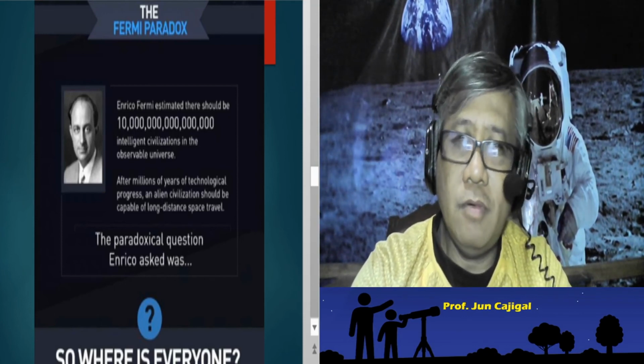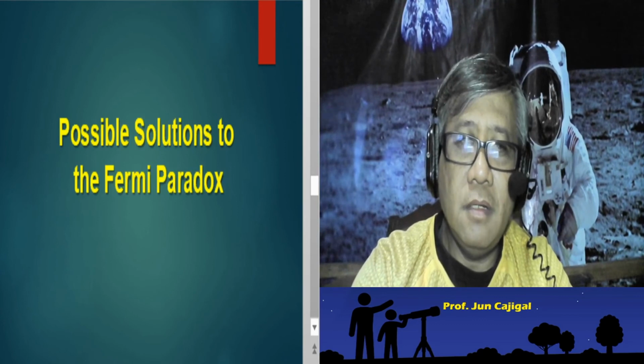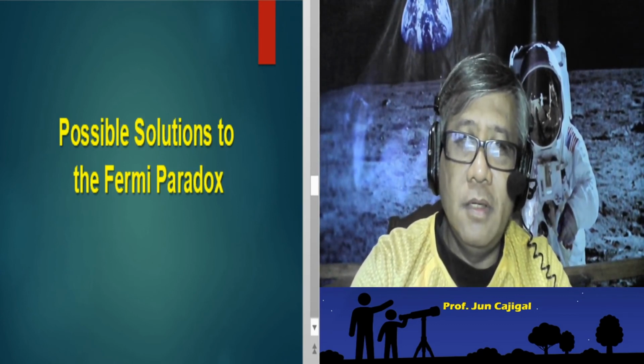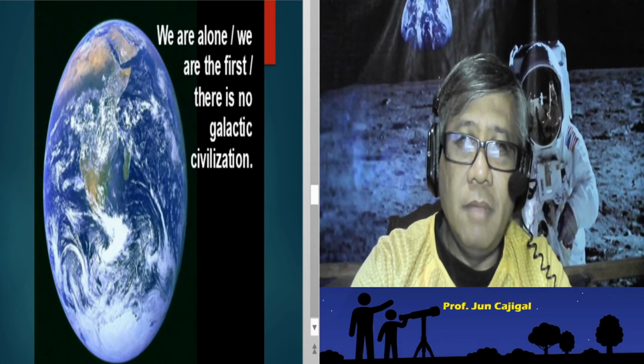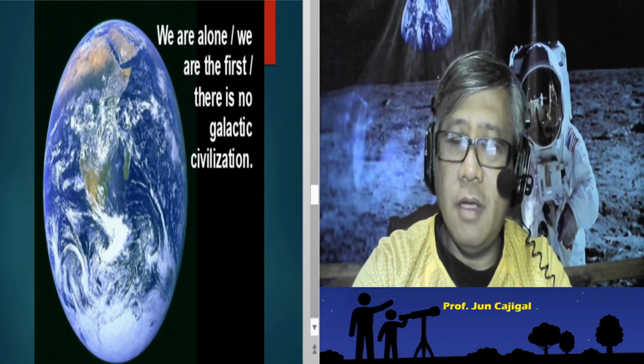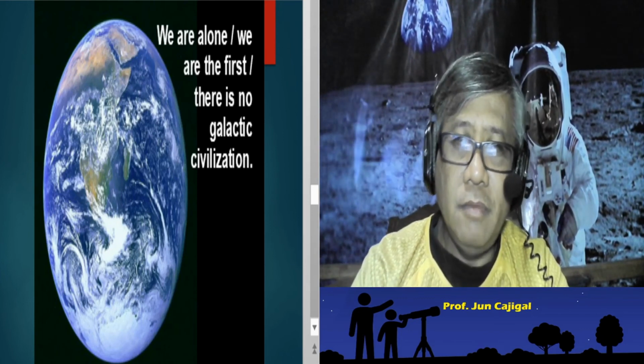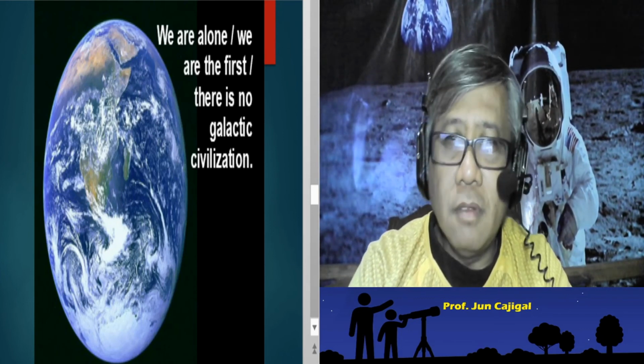So, where's everyone? These are the possible solutions to the Fermi paradox. Number 1: why haven't we seen any aliens, why haven't we encountered any? The reason is, we are alone.